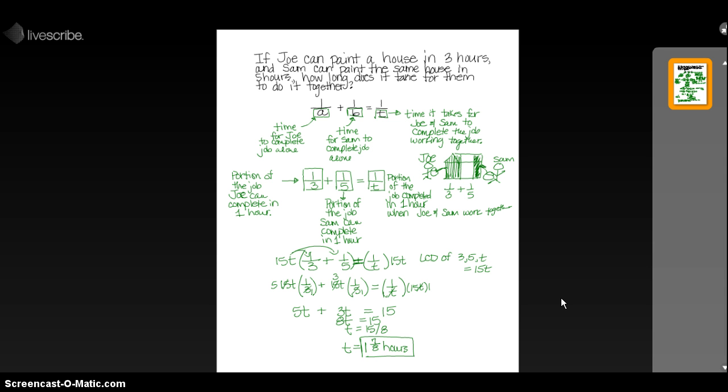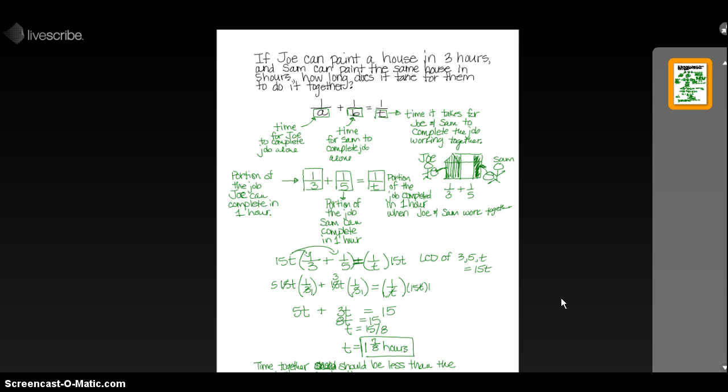So your final answer, when it's a work application problem and you're trying to figure out how long it takes the 2 people to do it together, the time together should be less than the quicker person's time, or the faster person's time.